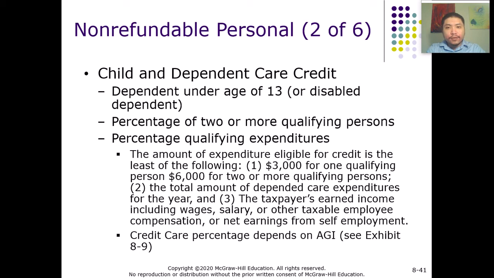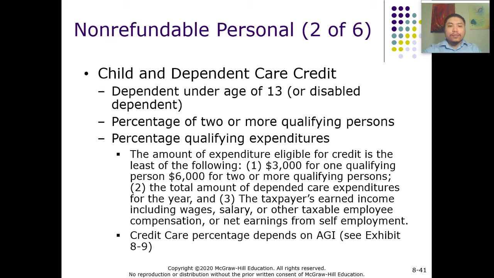For this tax credit program, taxpayers have to have a dependent, like the name suggests. The dependent needs to be under the age of 13, or a disabled dependent. It can be a spouse or parents, but the dependent has to be disabled for the taxpayers to claim this tax credit program.